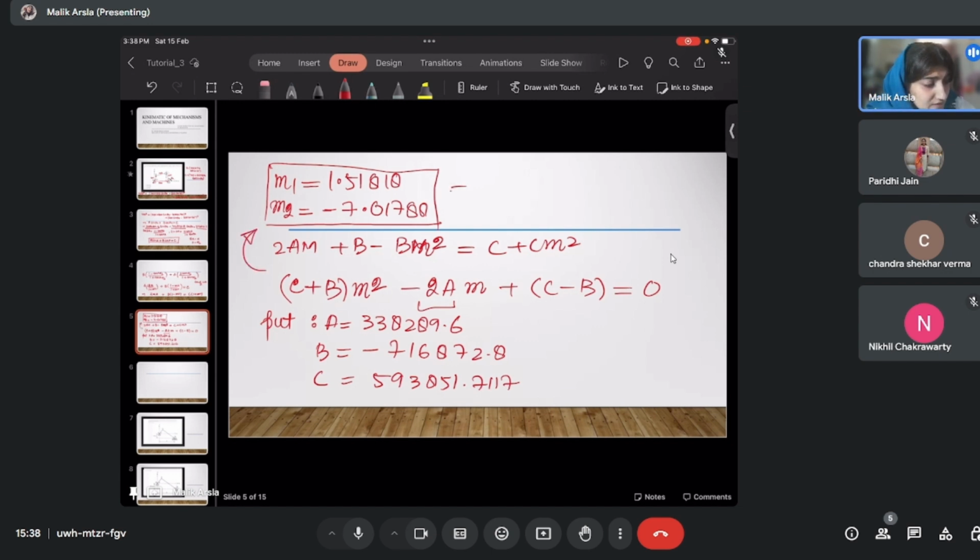Now what we had considered m to be tan of alpha by 2, or basically theta 4 by 2, whatever you write. Let me write it as theta 4 by 2 only. So this is your first solution, or tan of theta 4 by 2 is equal to minus 7.017 for the second.